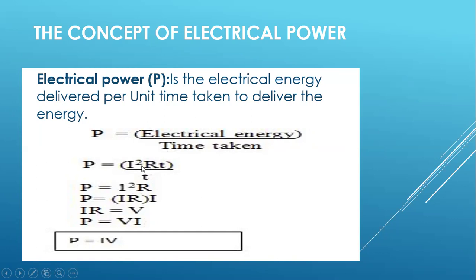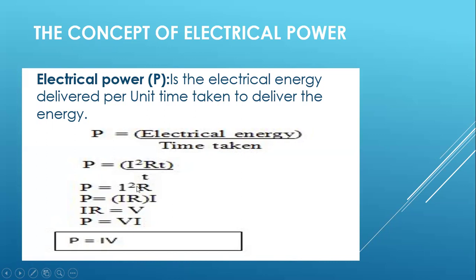Now, dividing the electrical energy, that is I square RT, by the time T, the T will be cancelled out. So this T and the upper T cancel together, and we remain with power equals I square R. So this is what is remaining.